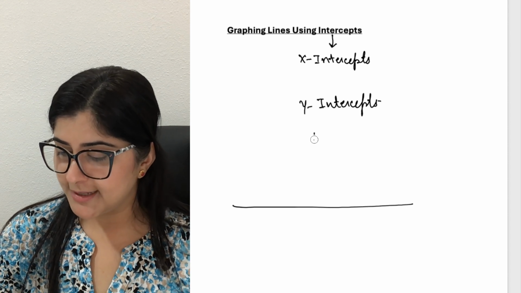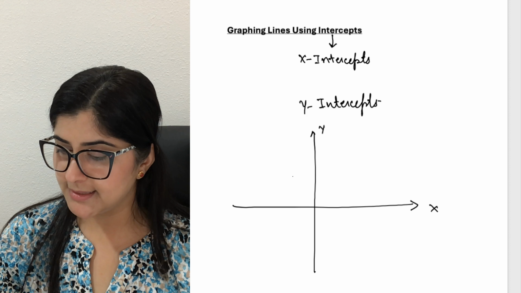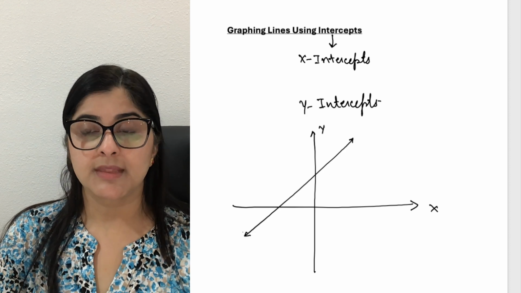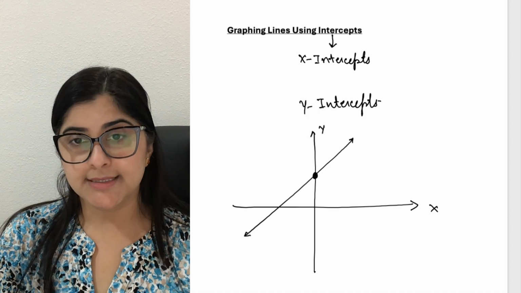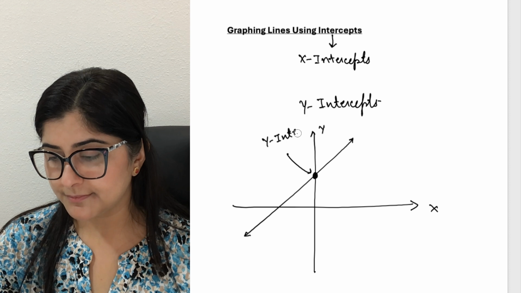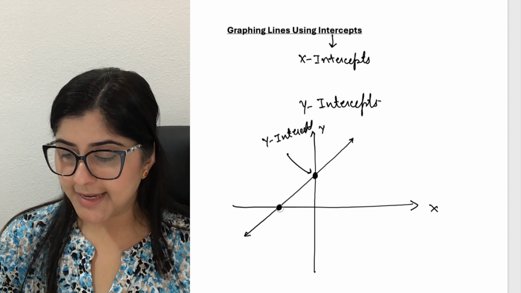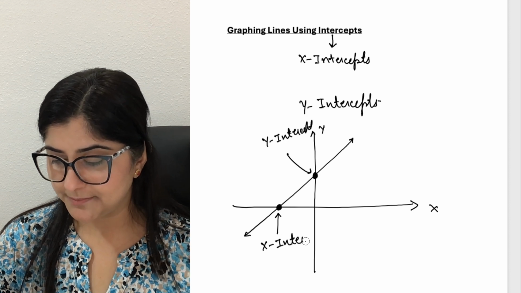If you have a rectangular plane where we have x-axis and y-axis, and suppose this is a line graph, where the line crosses the y-axis, that point is called the y-intercept. And where the line crosses the x-axis, that point is called the x-intercept.